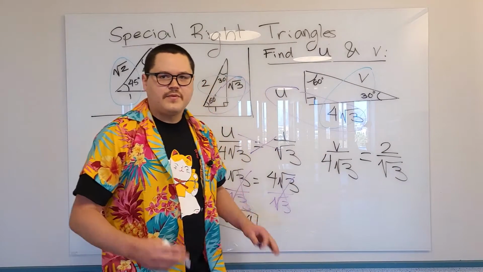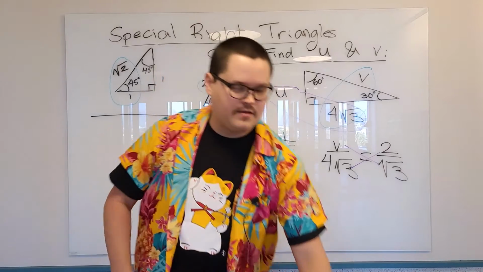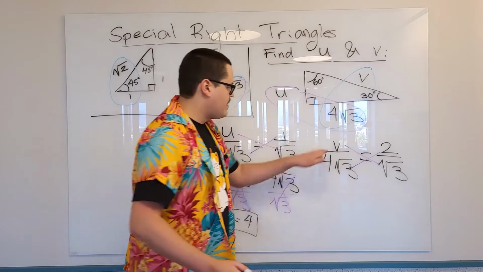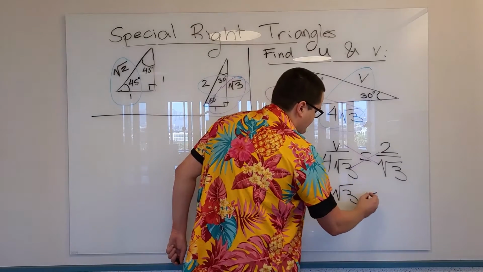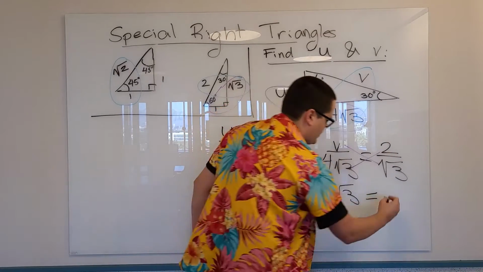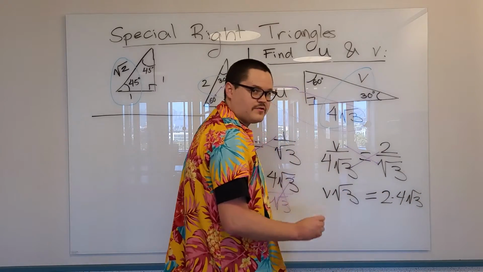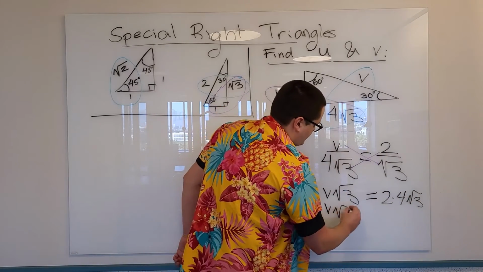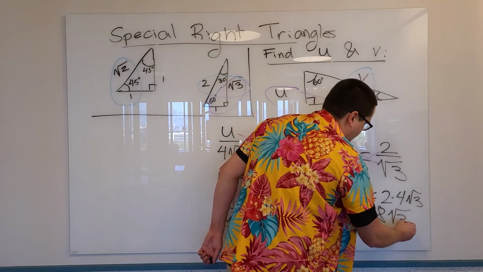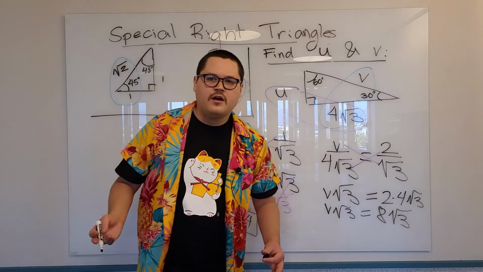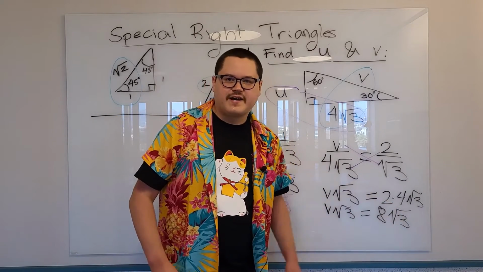All right, next up, cross multiply. Okay, so we have v times root 3, which is 2 times 4 root 3. So 2 times 4 is 8. So on the right, we have 8 root 3. Okey dokey, we have root 3 on both sides.